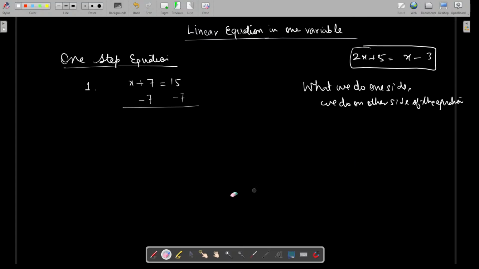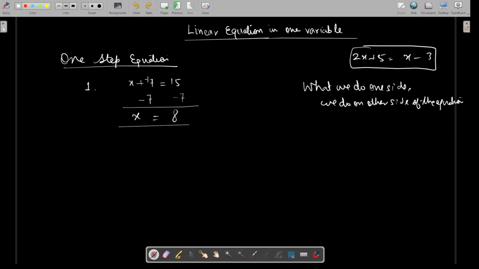So once we subtract 7 from both sides, this 7 minus 7 becomes 0, and this is just x. And 15 minus 7 becomes 8. So x equals 8 is the solution of this equation. The only step that we did was subtract 7 from both sides.